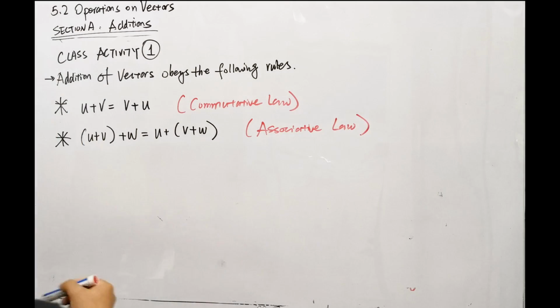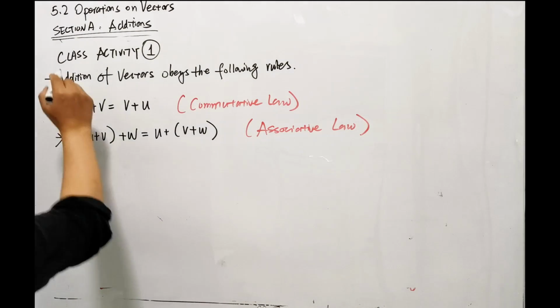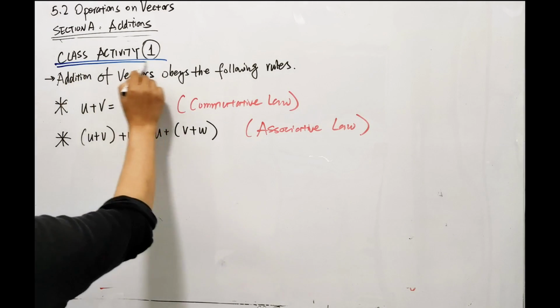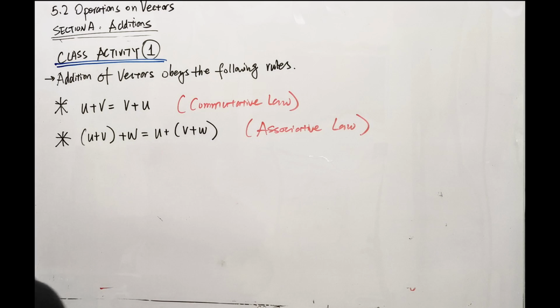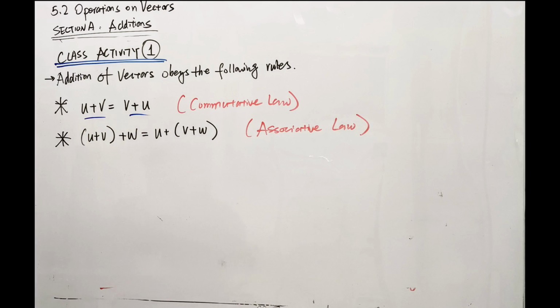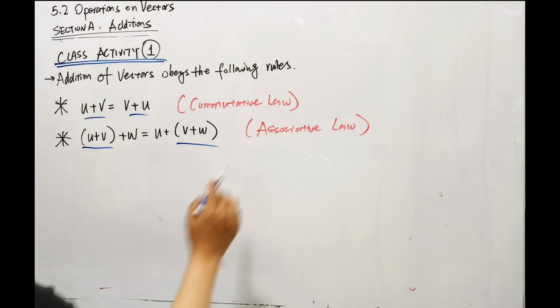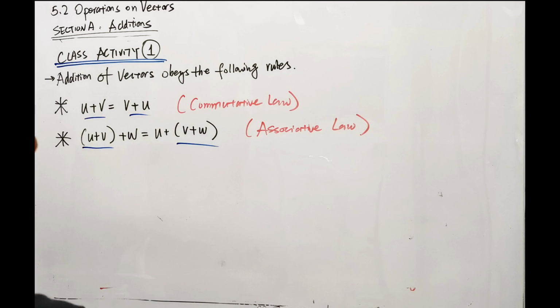So in today's class, for class activity 1, we came up with two very important concepts. The first one is the commutative law. The second one is the associative law. That is a very important concept in terms of the addition of vectors.